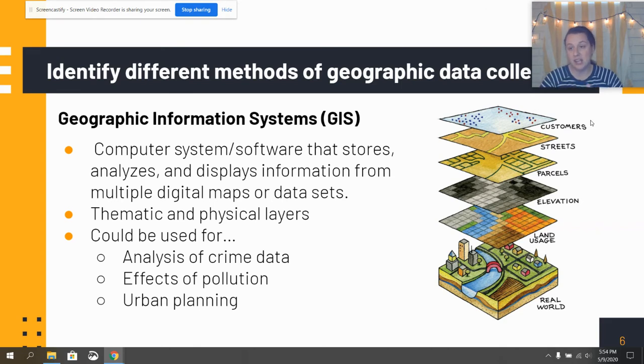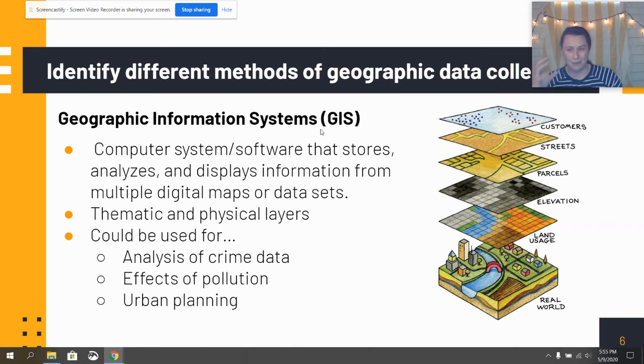So when we're thinking GIS, it's basically a tool that allows us to put layers on top of one another, both thematic and physical, in order to make a decision, right? You can see this graphic shows the layers of land use, elevation, parcels, streets, and then customers, right? This is just a basic model of GIS.